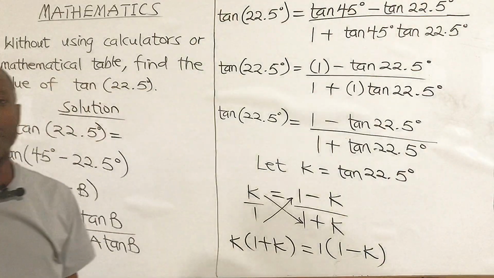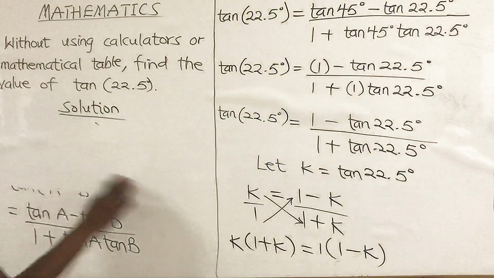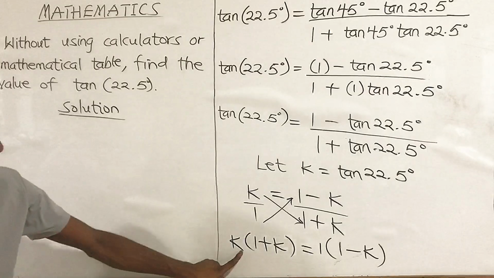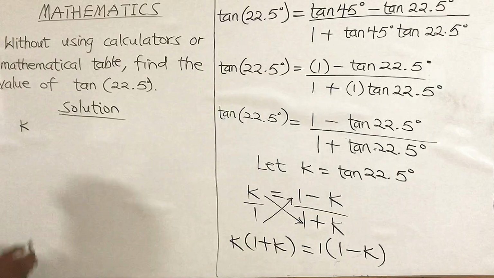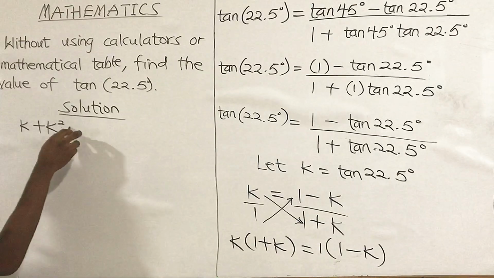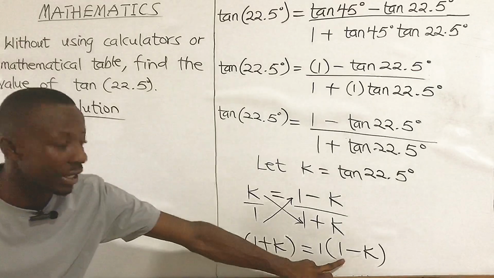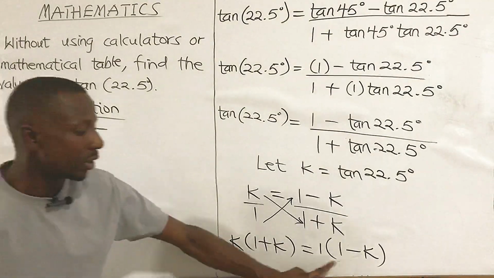So from here we are going to simplify further. So now we have k times 1, we still have k, k times k, we have plus k squared is equal to 1 times 1, we have 1 minus 1 times k, we still have k.